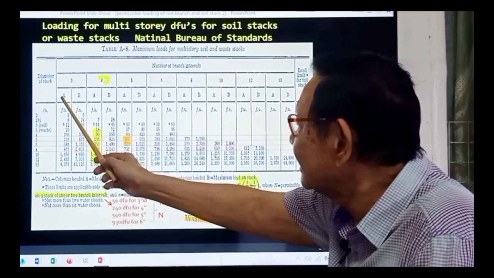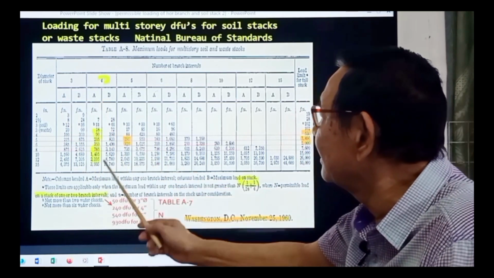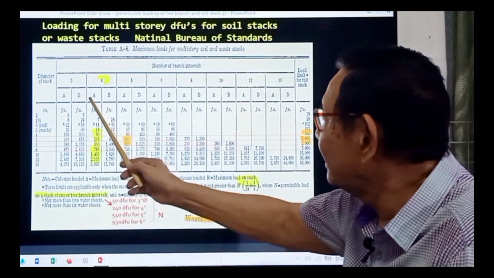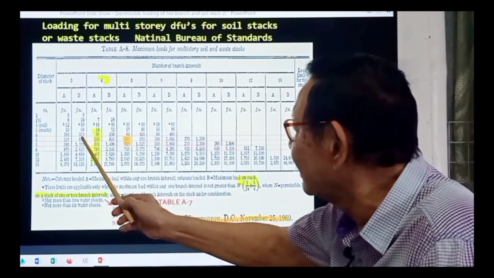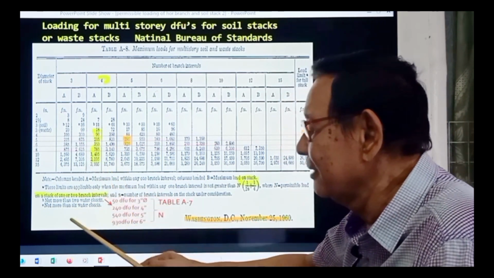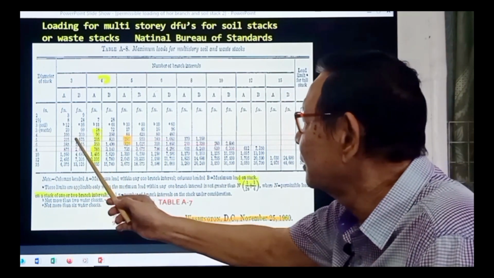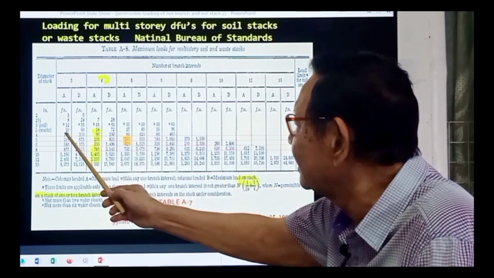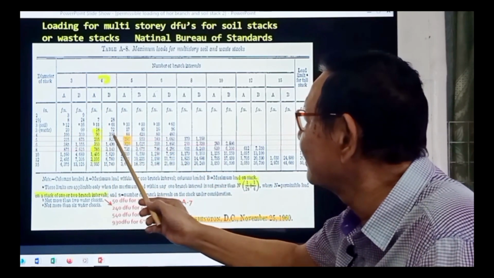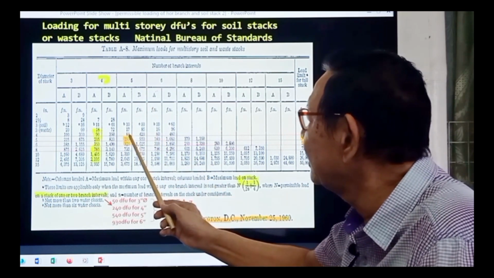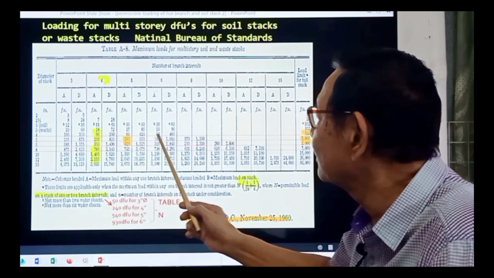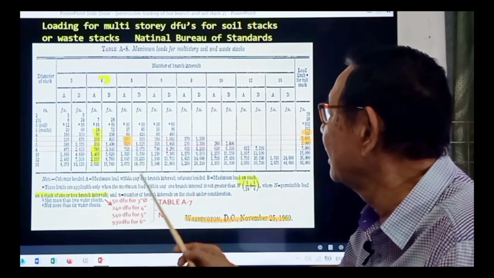So, ang A natin, itong lahat ng mga A na yan, that is the horizontal branch. Ang B niyan is the capacity of that horizontal branch to the stock. So, 3 times 100 is 300. 4 times 90 is equals to 360. 5 times 84 is 420. 6 times 80 is 480.